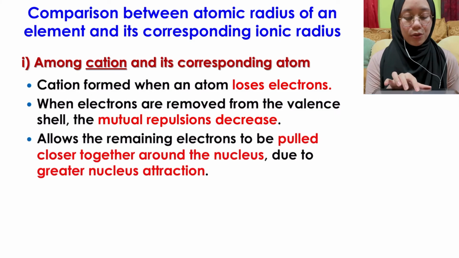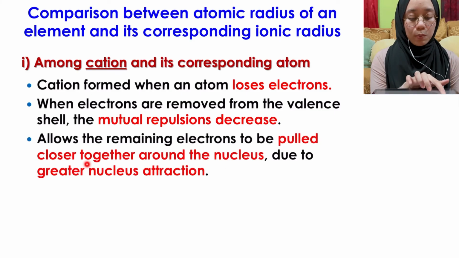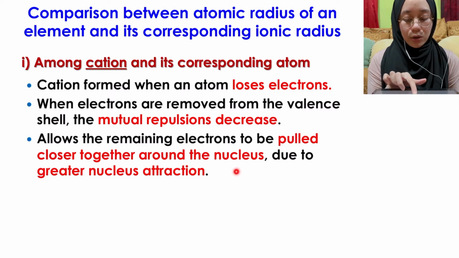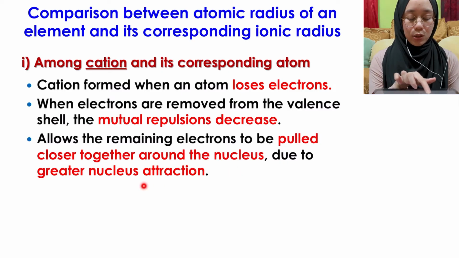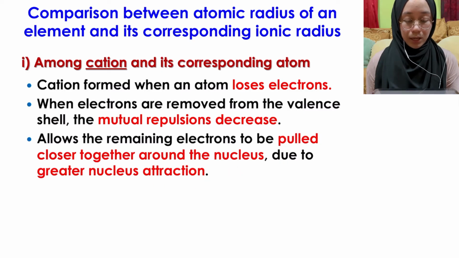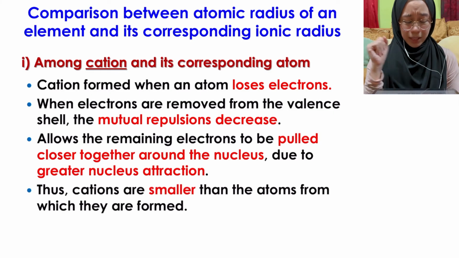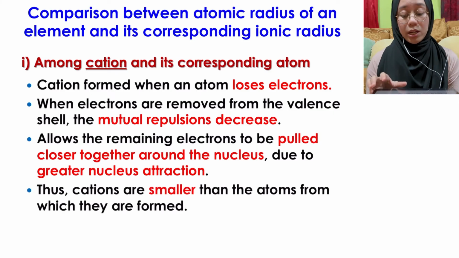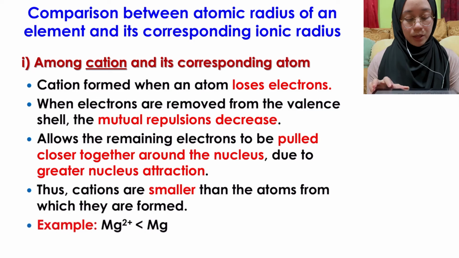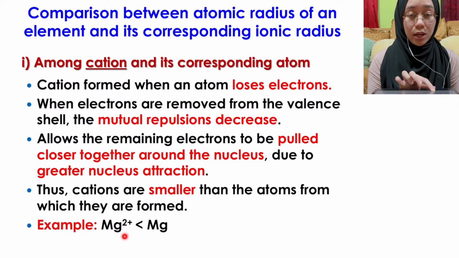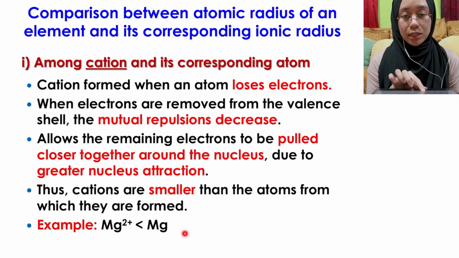So it allows the remaining electrons to be pulled closer together around the nucleus due to the greater nucleus attraction. Okay, so that's why cation, they are smaller than the atoms from which they are formed. So for example, kalau kita ada magnesium ion, it is actually smaller than magnesium atom.